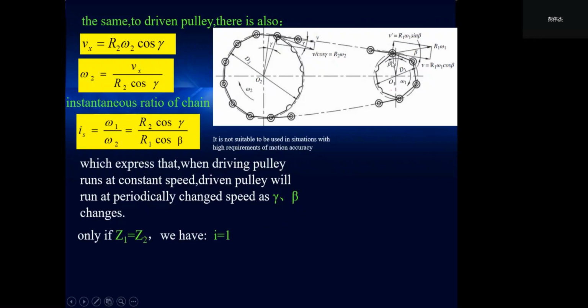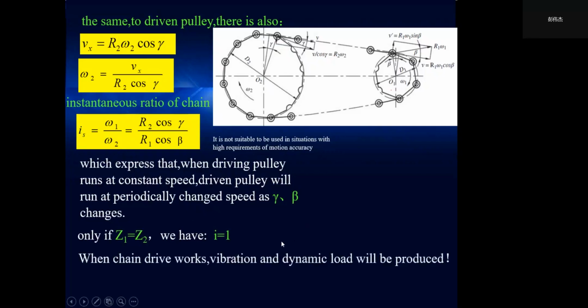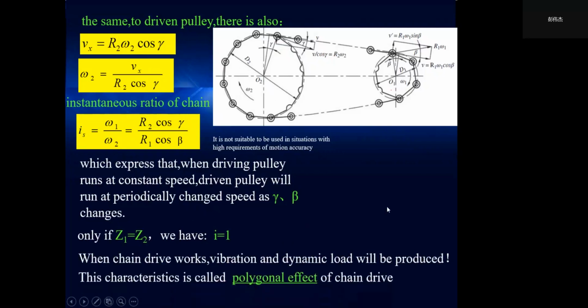Only if Z1 is equal to Z2 do we have i as 1. So when the chain drive works, vibration and dynamic load will be produced. This characteristic is called polygon effect or polygon action, or chordal action, of chain drive.